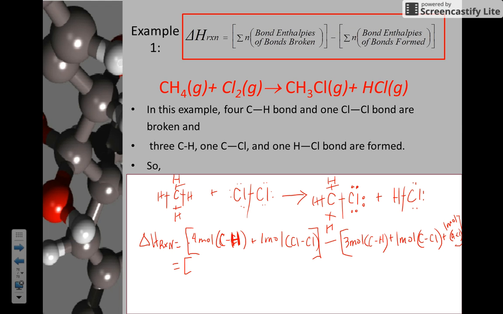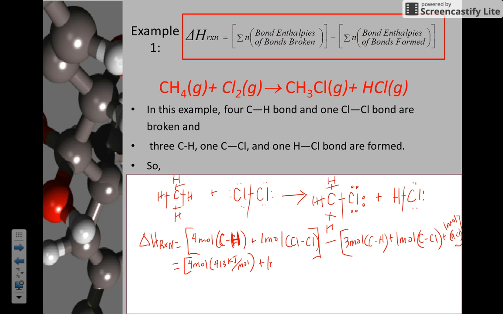So that's important to recognize. So here's your mole here, it's going to cancel. So I'm going to plug in 4 moles. And now for the carbon to hydrogen single bond, it's going to take 413, so look that up on your chart, 413 kilojoules per mole of energy to break that bond.